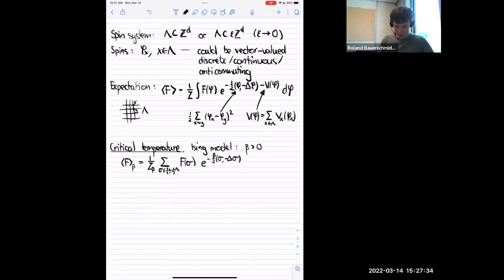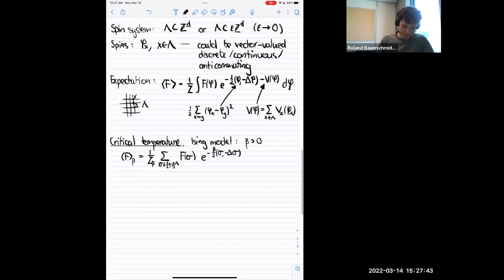That's exactly what this reduces to. In this case, there's no potential term. That potential term is effectively replaced by the constraint that the spins take values plus minus 1.